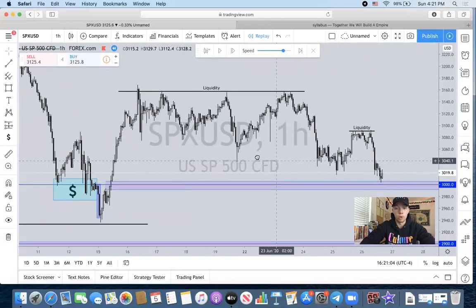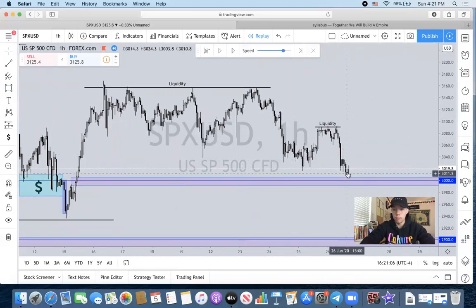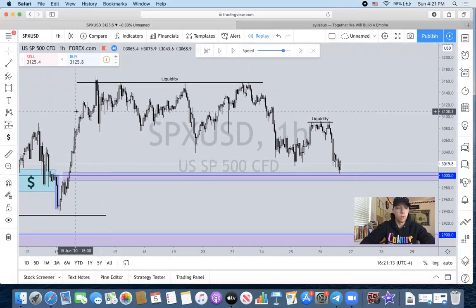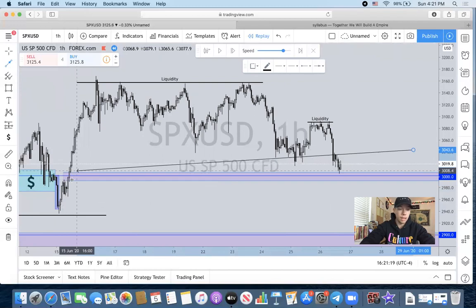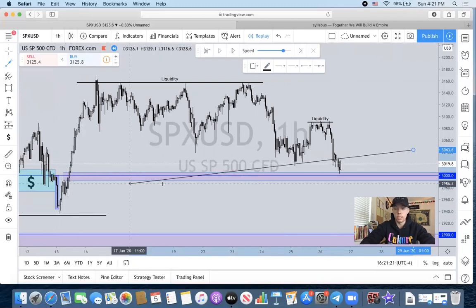So what I want to do is wait for market open on Sunday, right? Sunday, 6 p.m. is when the indice markets are open. If price wants to try to break down and break through 3,000, there's no imbalance. There's no stopping it. I would want to see this price go ahead and tank out to 2,900.